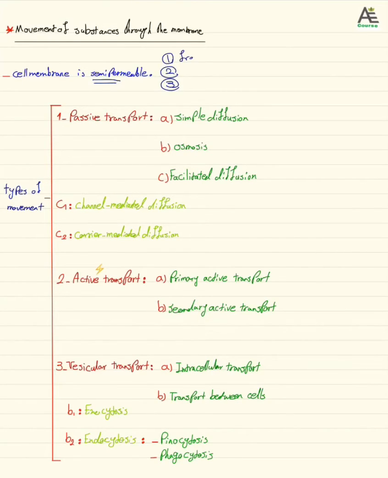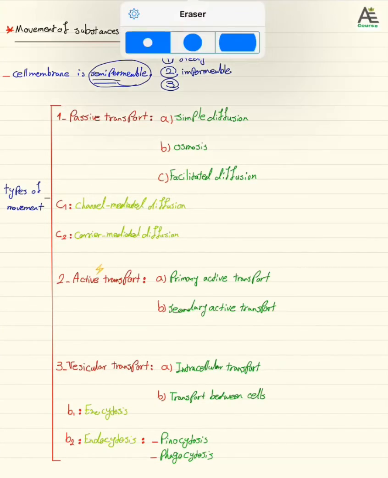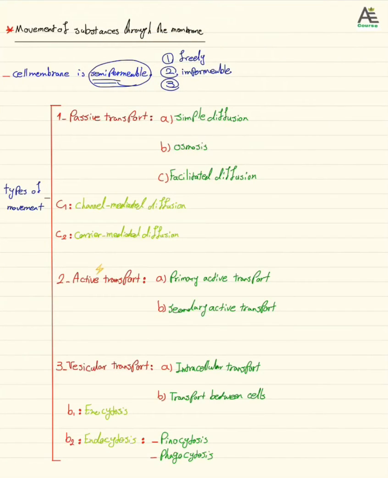Impermeable membranes do not let any substances pass through. And semi-permeable membrane, which is very important, is our focus. The cell membrane is semi-permeable. It allows certain substances to pass through it, and the other substances cannot pass through it.